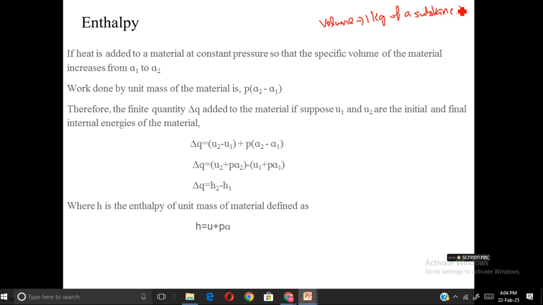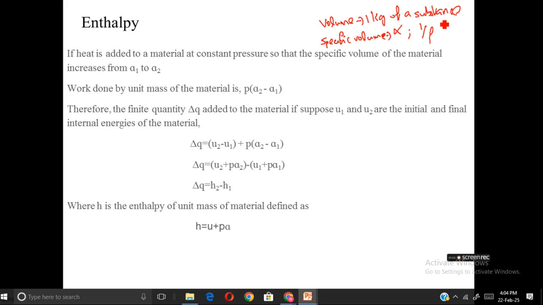The volume is basically alpha, or specific volume. It is defined as 1 by rho.